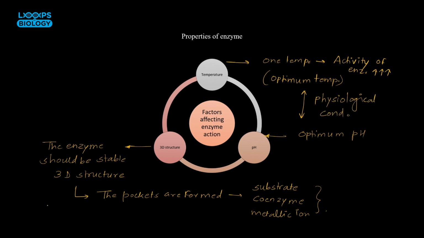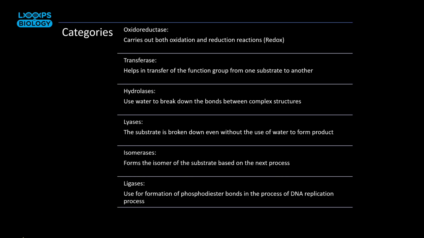So coming back to biology. What are the categories of enzyme? There are six different categories: O, T, H, L, I, L. OTHLIL, you can remember it like this, and you have to remember these categories in the same sequence. Oxidoreductase means they cause a redox reaction.